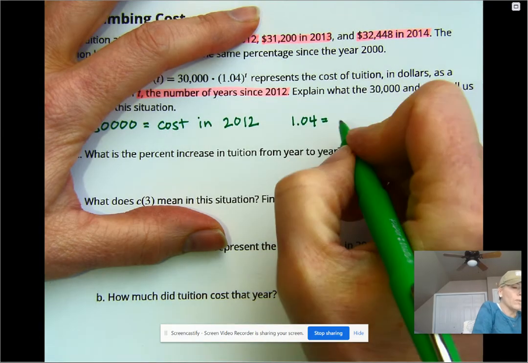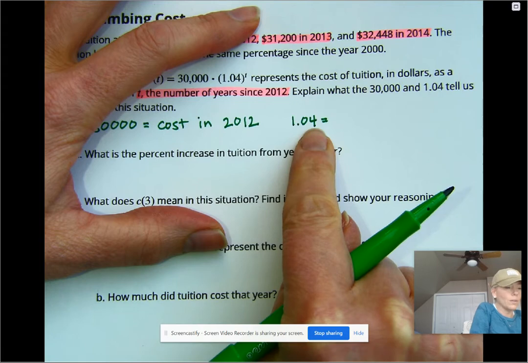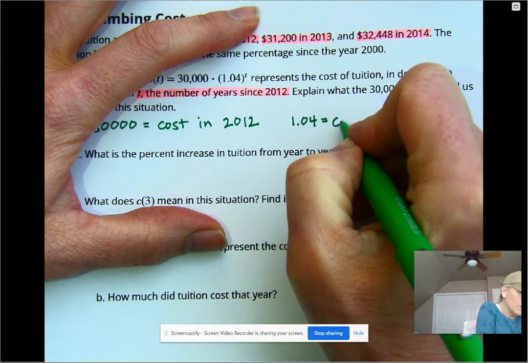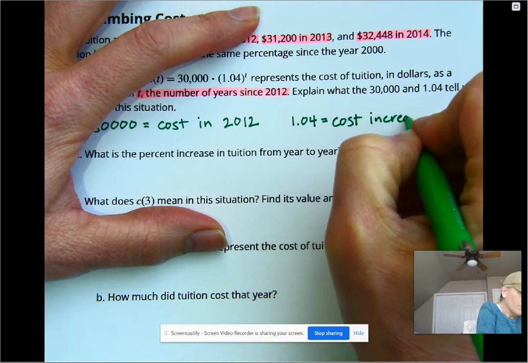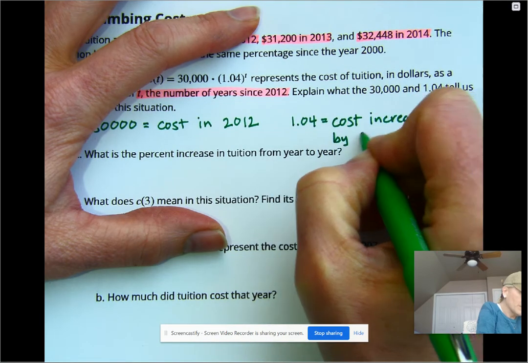Increasing because it's more than one, and then 0.04 is equal to 4%. So the cost increases by 4% each year.